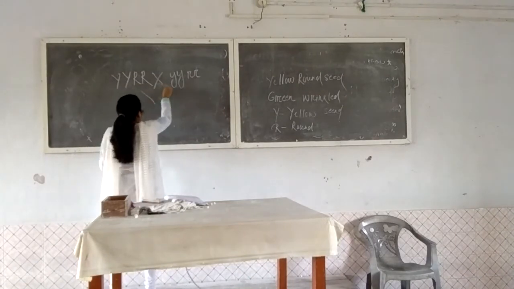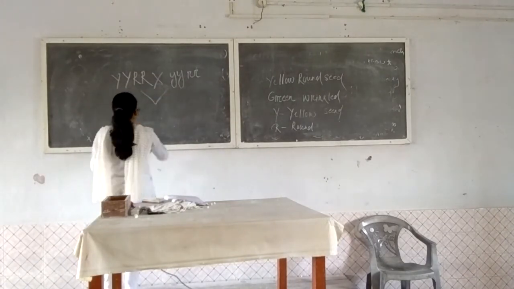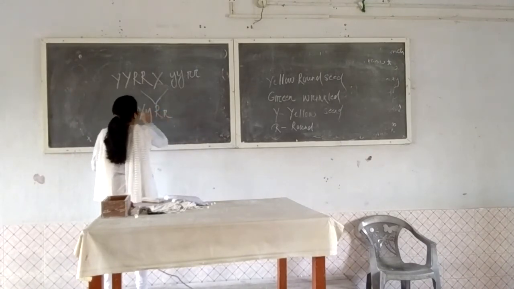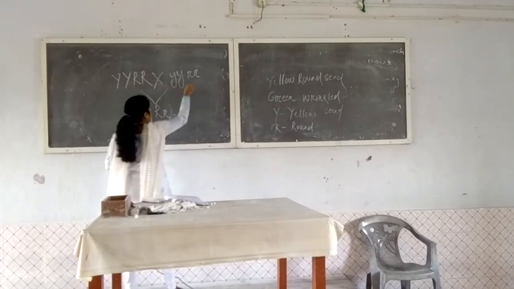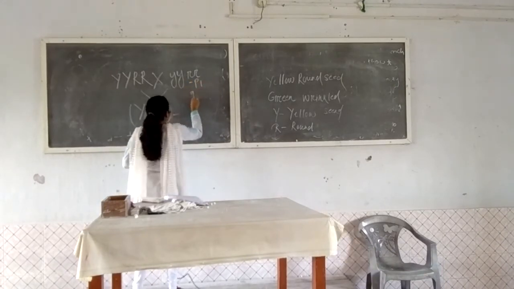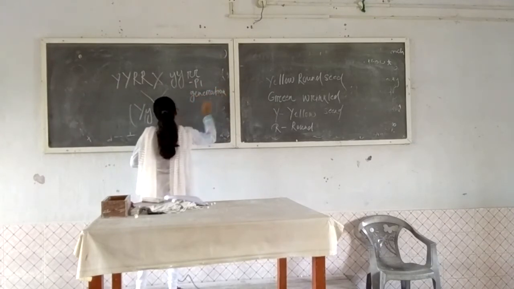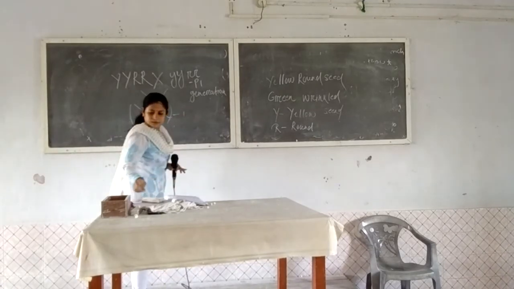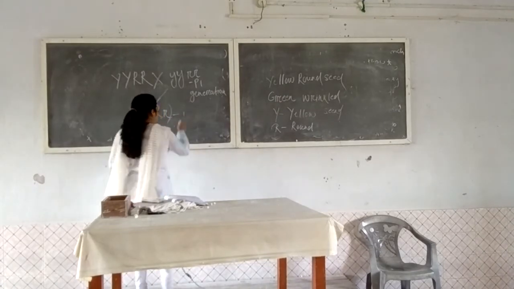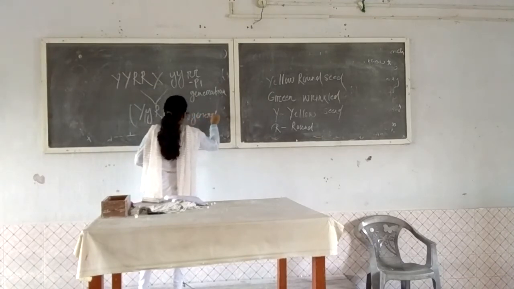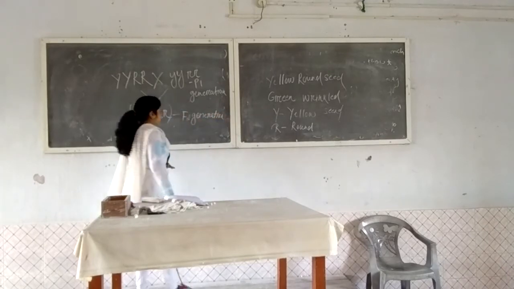Then in the F1 generation, he got capital Y, small y, capital R, small r gametes. This is the P1 generation. Then this is the F1 generation.